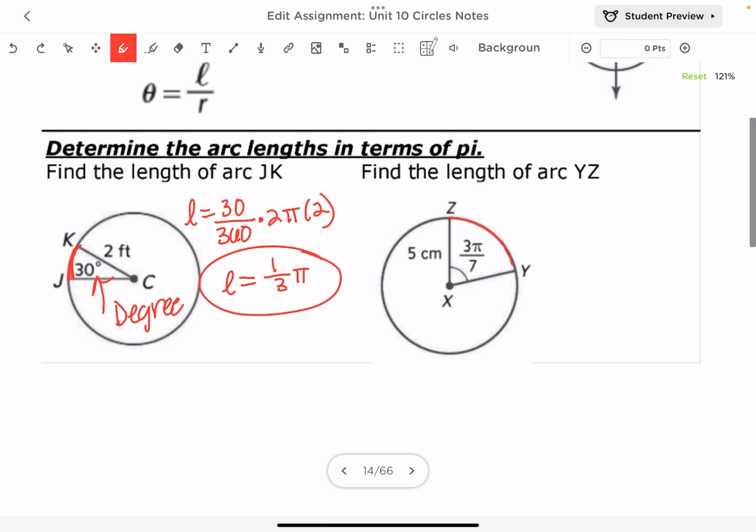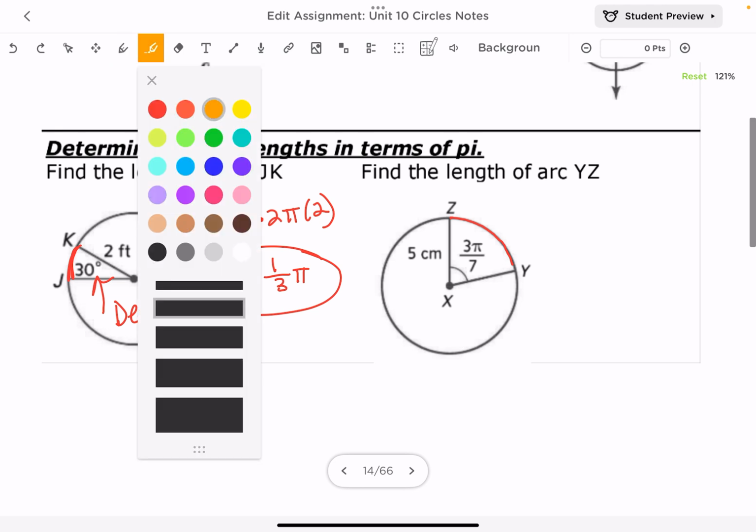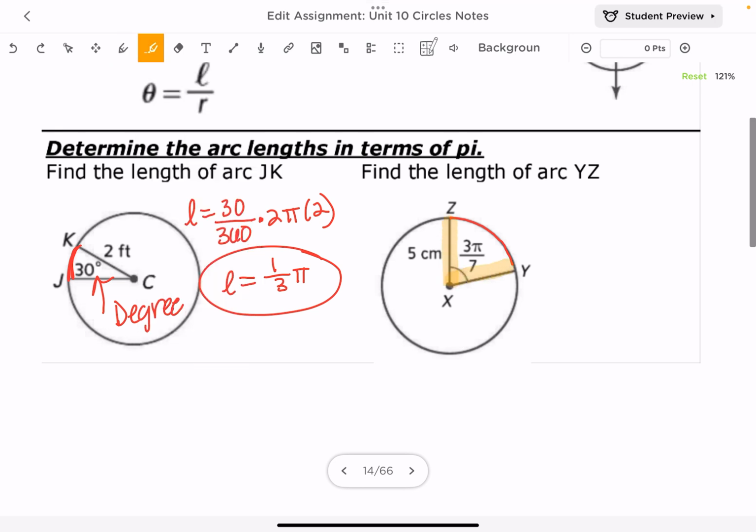But if you look at this next one, this next angle, you'll see it has that pi on it. That tells me that is in radians. It also doesn't have a degree symbol. That tells me it's in radians. So the formula for this is actually easier. If you were to look at a formula chart, this is what it says. It has this symbol called theta.